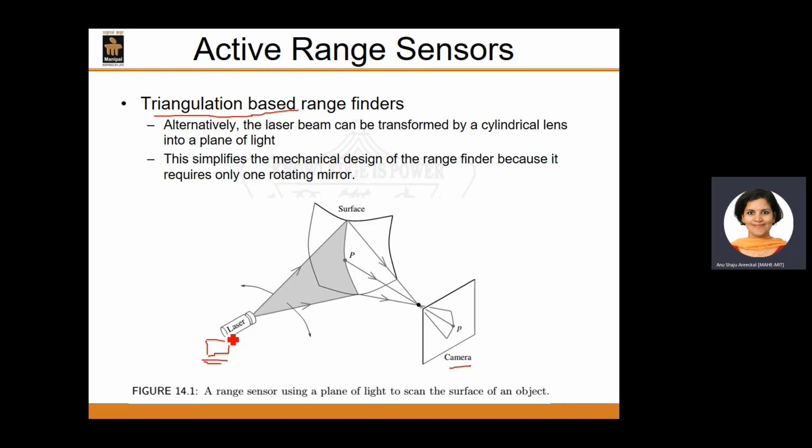So you're using a laser, or a light source, and this light source would reflect the light onto the 3D object, from which you try to get the image of that particular point. The concept is similar here: you're trying to project this light onto the 3D point, and you're trying to find out the relative position of this 3D point.